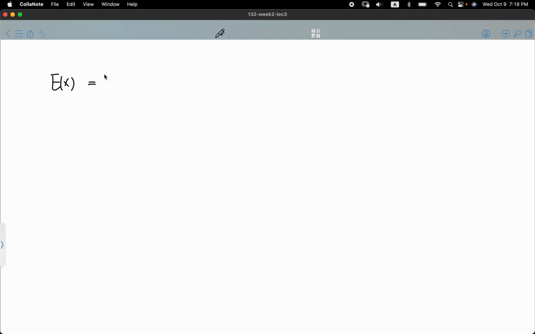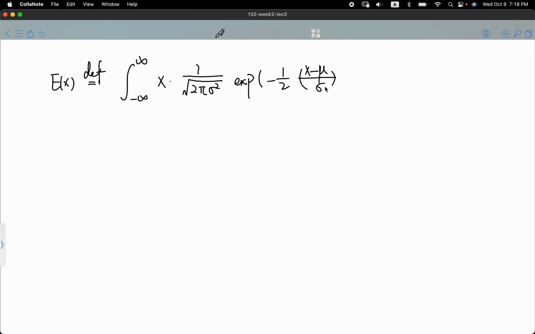So now we're going to use the definition, taking the integral from negative infinity to positive infinity of x multiplied by the probability density function, then dx.